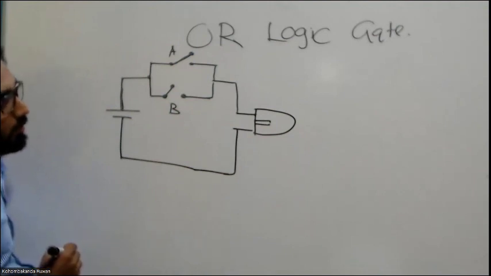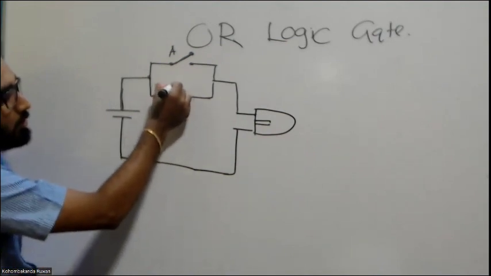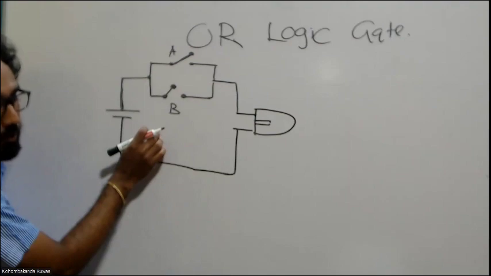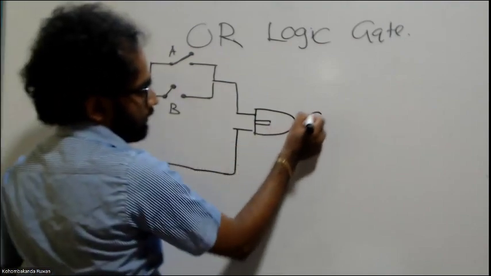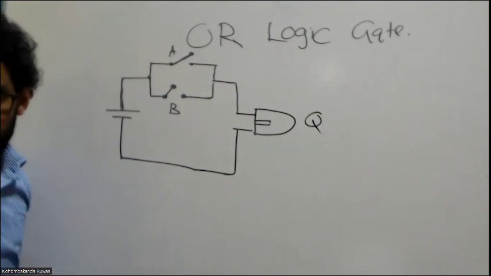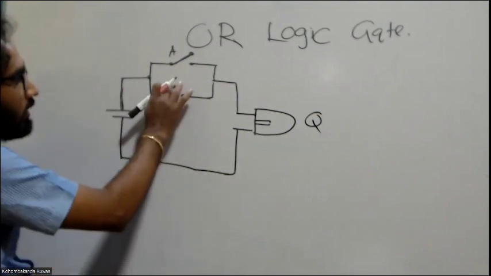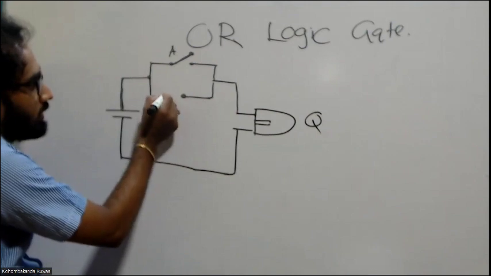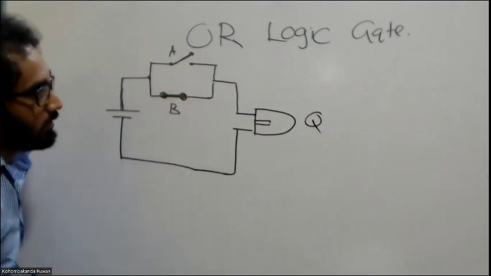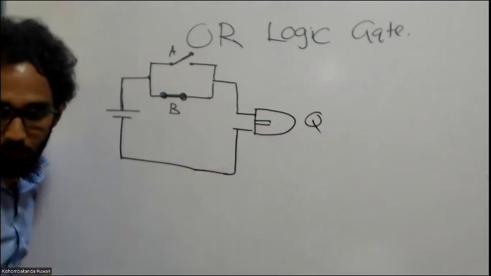Now both are in the switch off state. What will happen to the bulb? 0. That means the bulb is switched off. I will draw like this. Now, what is the state? 1. That means the bulb is switched on.